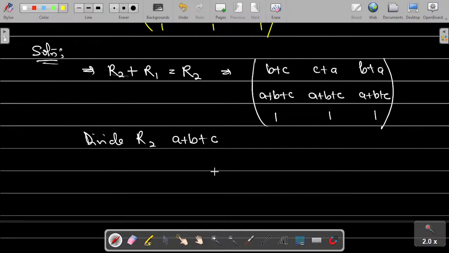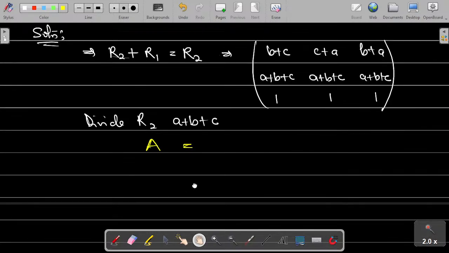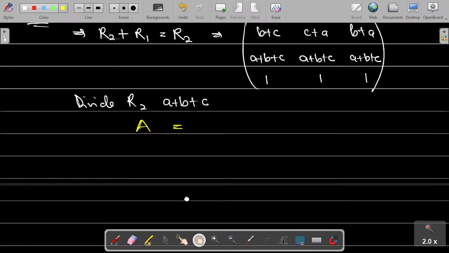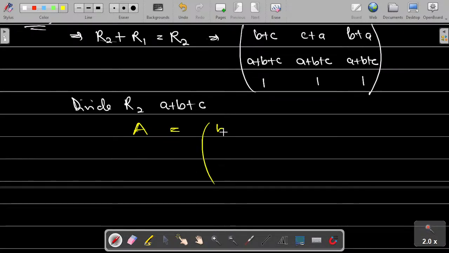If I do that, I am now going to obtain that my matrix A is equal to something of this nature: b plus c, c plus a, and a plus b, and here is going to be 1, 1, 1, then 1, 1, 1 as well. And if you take the determinant of this, remember to do the determinant, we need to get the adjoint of these first terms.